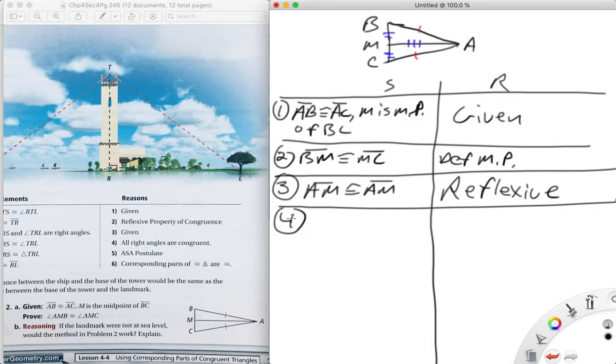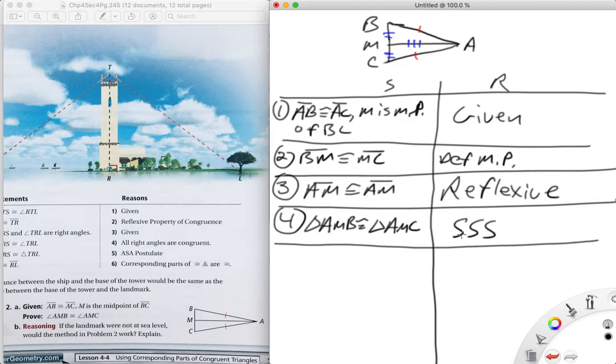Then I can say that the triangles are congruent. So triangle AMB is congruent to triangle AMC, and they're congruent because of side, side, side. Once I have the triangles congruent, I can say that any corresponding part of them is congruent.